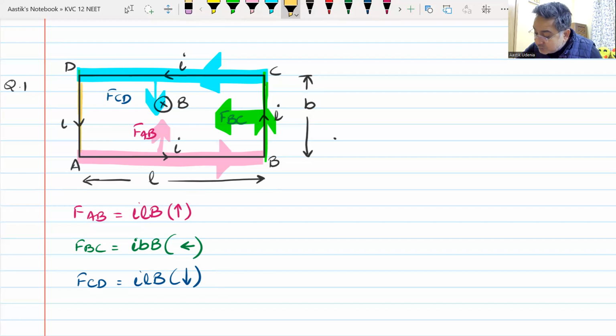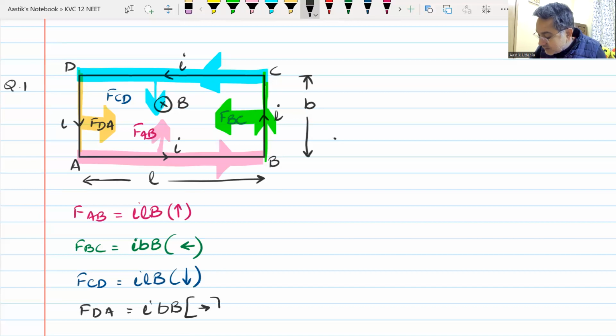If I talk about the fourth wire, the magnetic force on this wire will go like this, FDA, and the value of FDA will be equal to I into B, and it will be in this direction. If I find out the force on the entire loop, the force on the entire loop will be coming as 0.